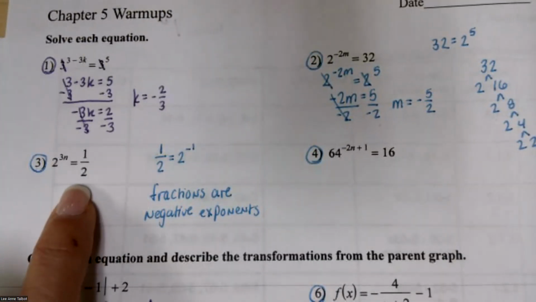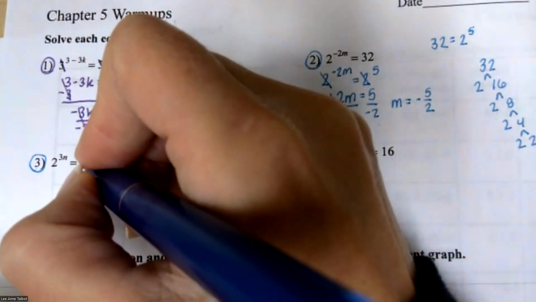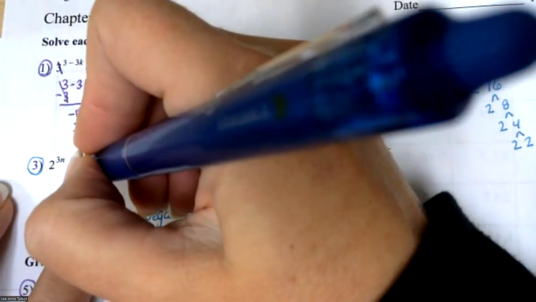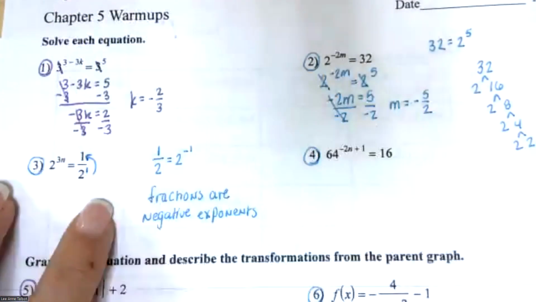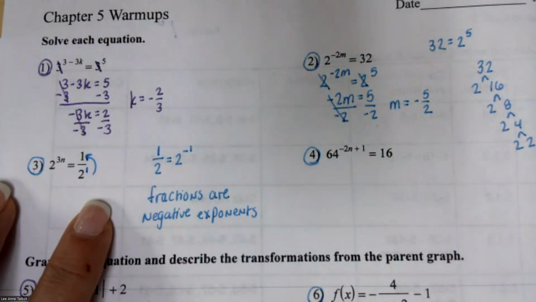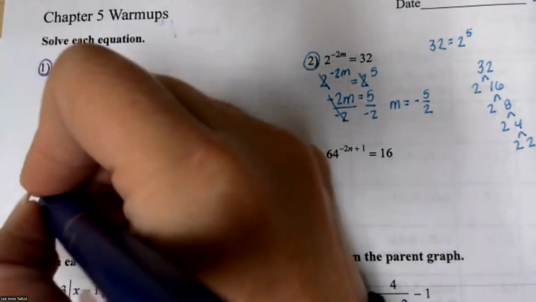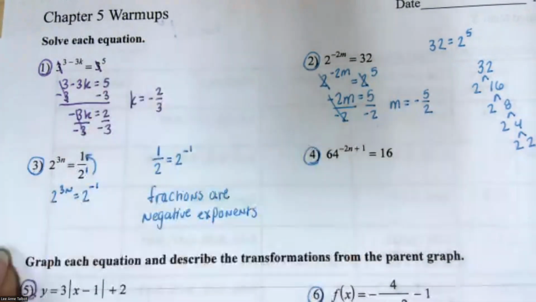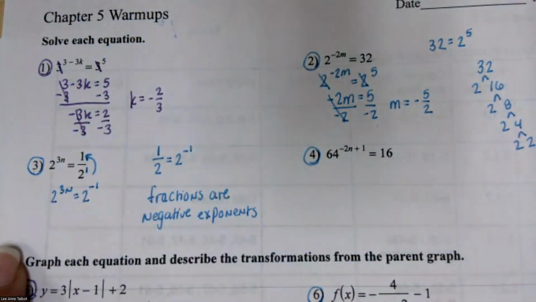Now, why is it 2 to the negative 1? Because there's a little baby 1 on there that we just don't write. So you make this 2 to the 1, and then you move it upstairs, and it's going to become 2 to the negative 1. Let me say that again.